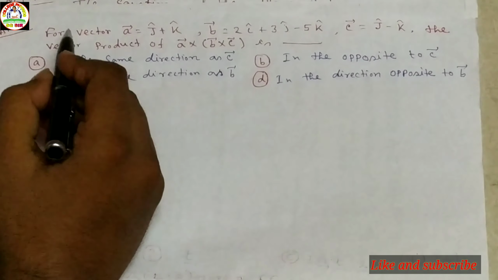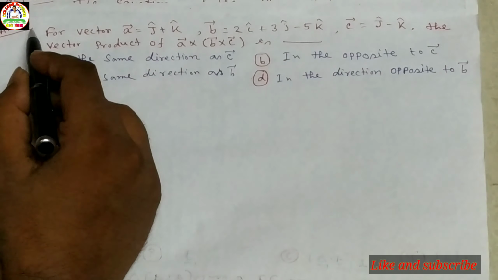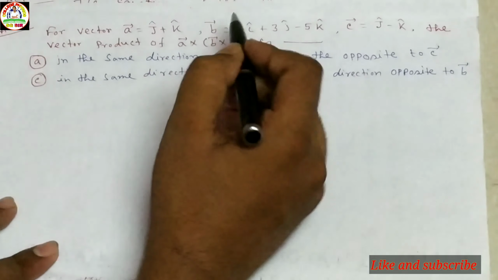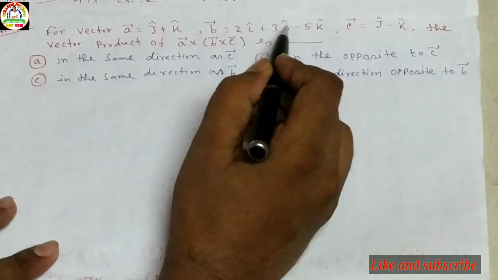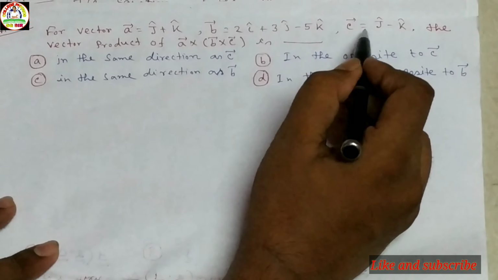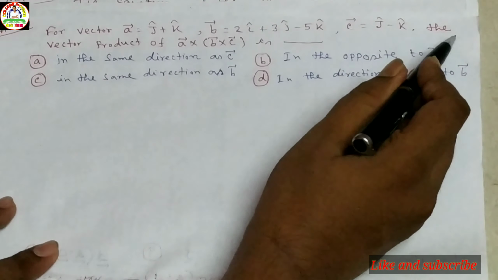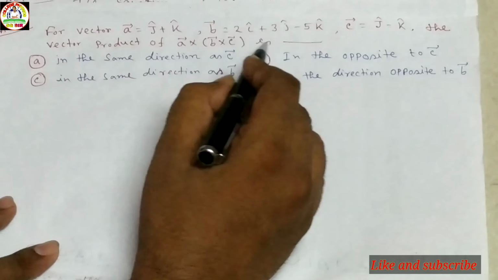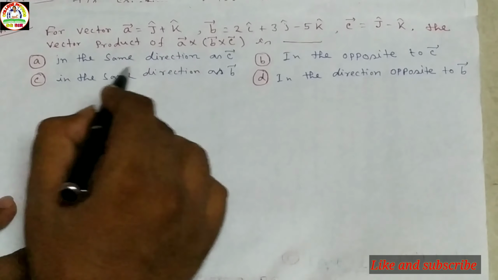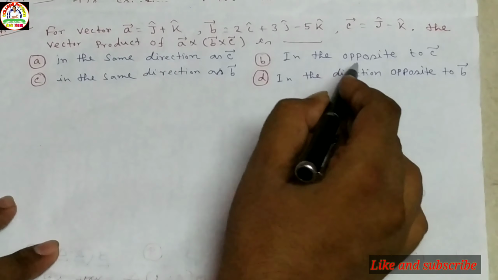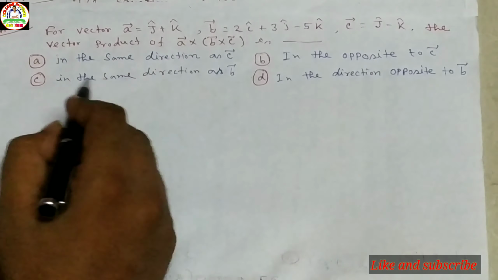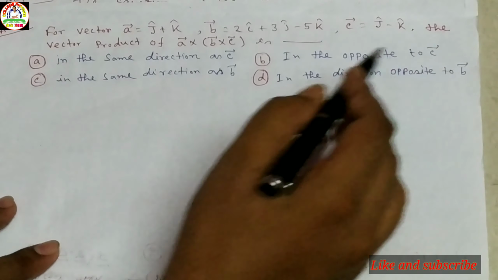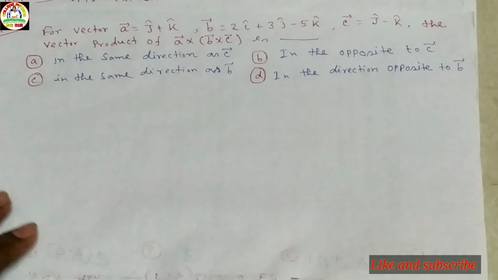Next question from JAM 14. For vectors A equal to j cap plus k cap, B equal to 2i cap plus 3j cap minus 5k cap, C equal to j cap minus k cap, the vector product A cross B cross C is: first option, in the same direction as C; in the opposite direction to C; in the same direction as B; in the direction opposite to B. Which option is correct?